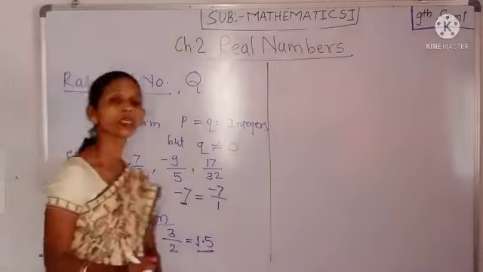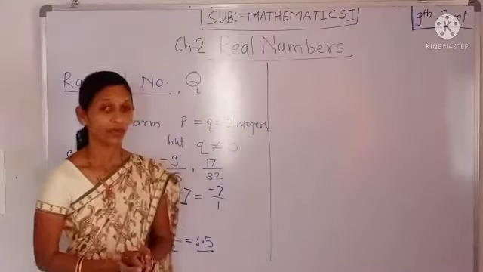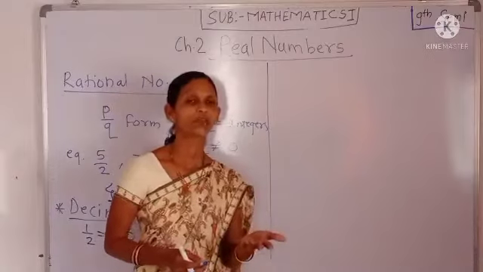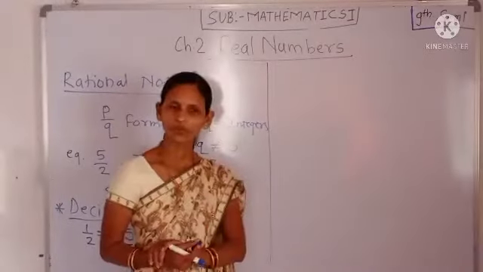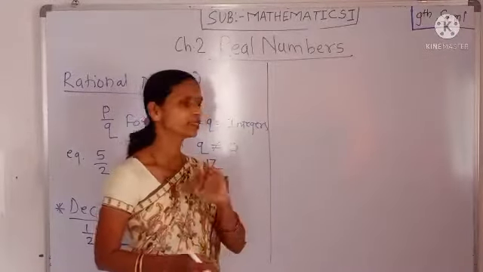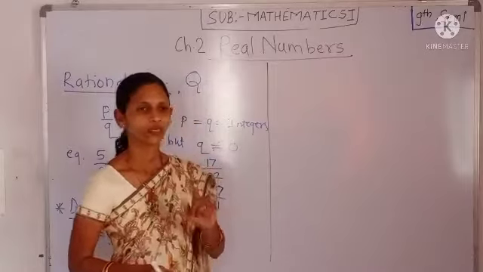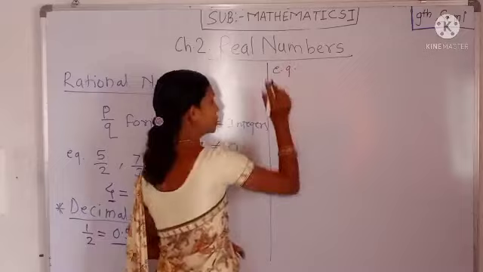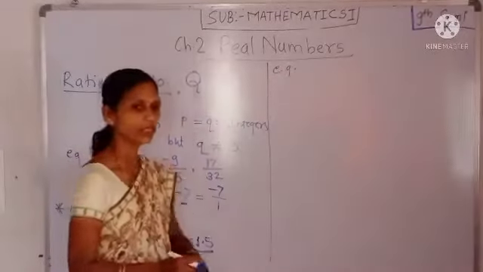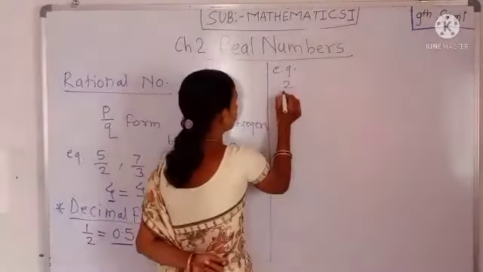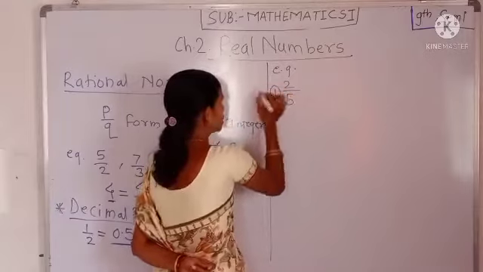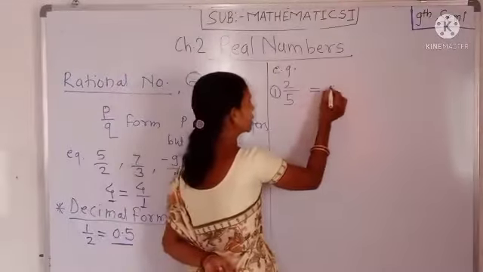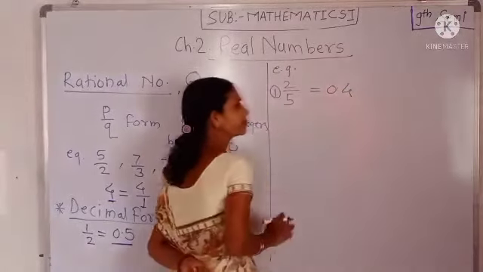We can practice writing rational numbers in P upon Q form as well as in their decimal form. There are a few examples given here. 2 upon 5 is a rational number which can be written in decimal form, that is 0.4.